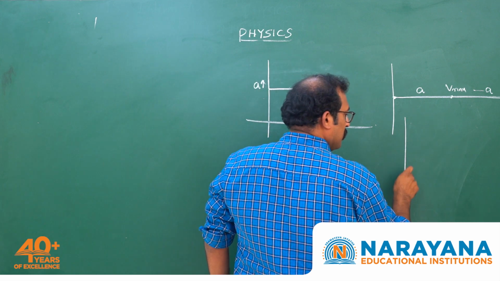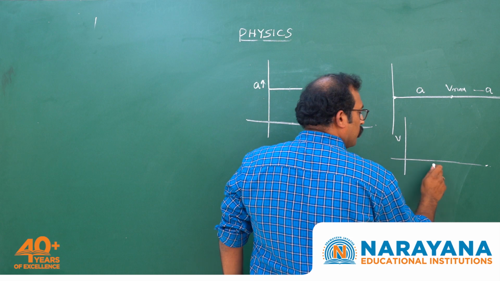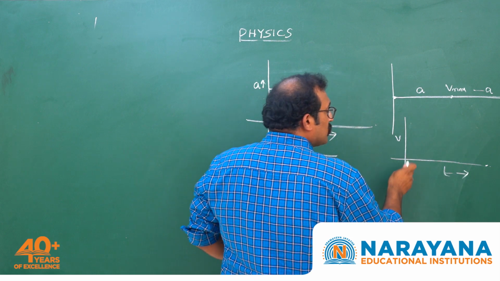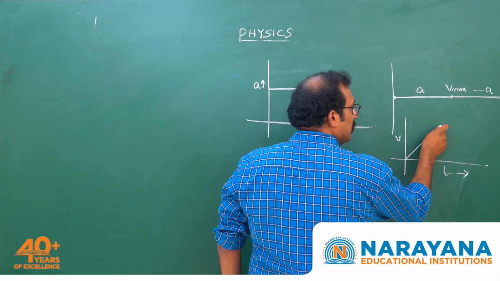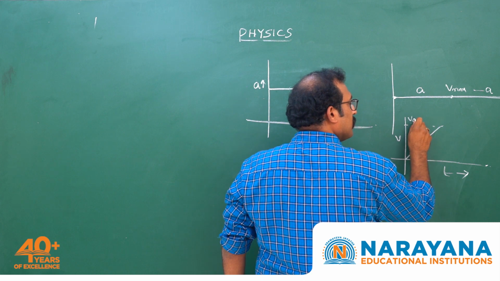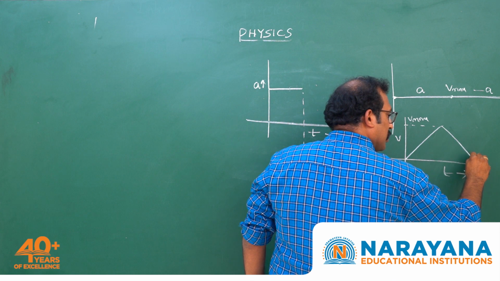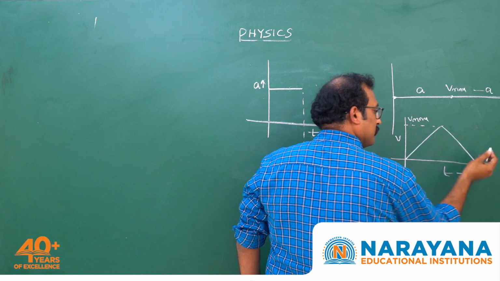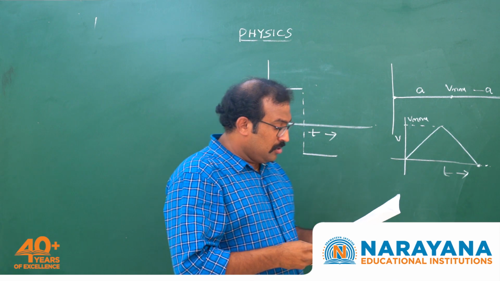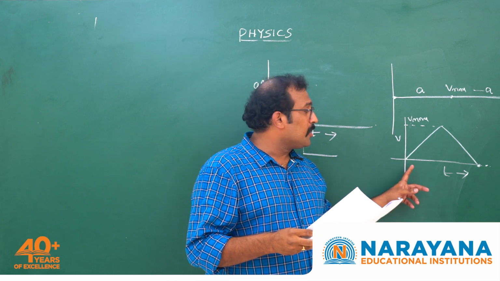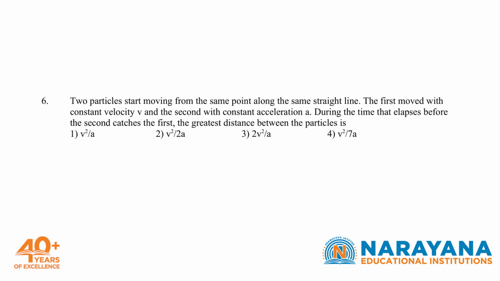So therefore the velocity time graph would be given as: first it accelerates, attains a maximum speed, and from here it decelerates to come to rest. So our option would be the first option for the fifth question.